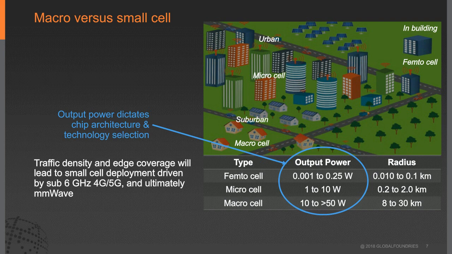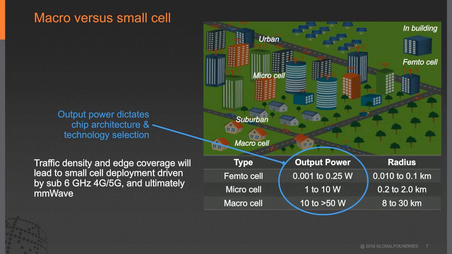Femtocells are typically for a very small area, such as a home office or a dead zone within a building. They are designed to support very few users, anywhere from 1 to 30 users, and have an output power of up to 0.25 watts.